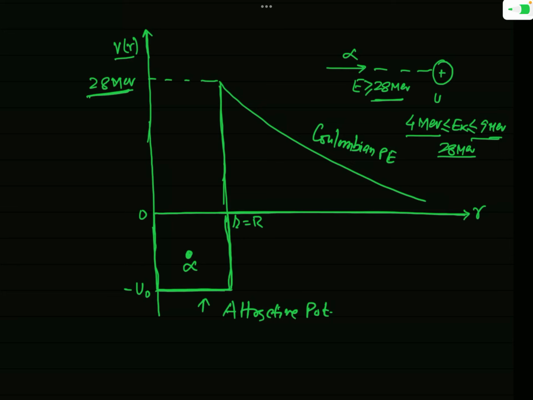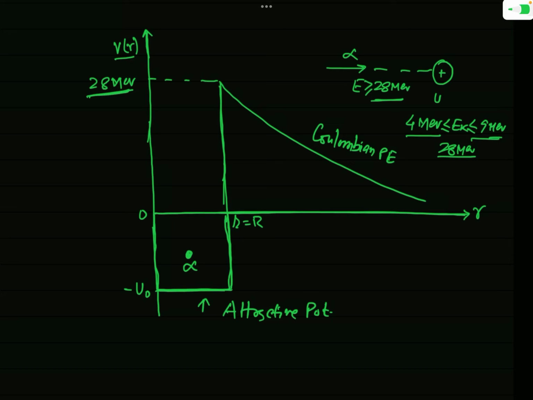In fact, as I have told you earlier, classical mechanics badly fails in explaining how the alpha particle inside this potential well, whose height is 28 mega electron volt, can escape through the surface of the nucleus.